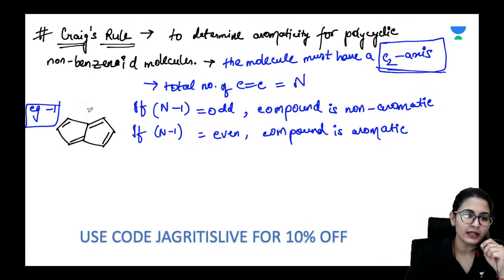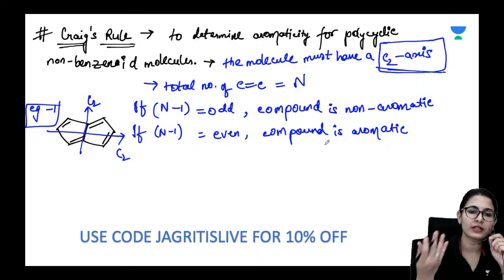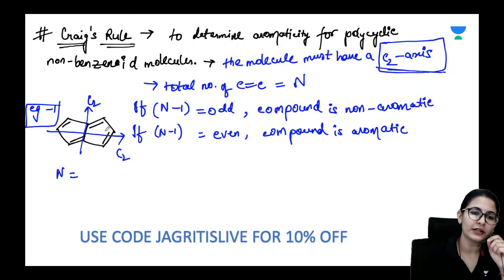Yes, first of all, this is one C2 axis, and not even one, it has two C2 axes. Here there is another C2 axis. Isn't it? Yes, it is having two C2. Chalo, we move onwards to the next criteria. Total number of double bonds is 1, 2, 3, 4. 4 double bonds. And we did N minus 1, which comes out to be 3. What does it become? Non-aromatic.